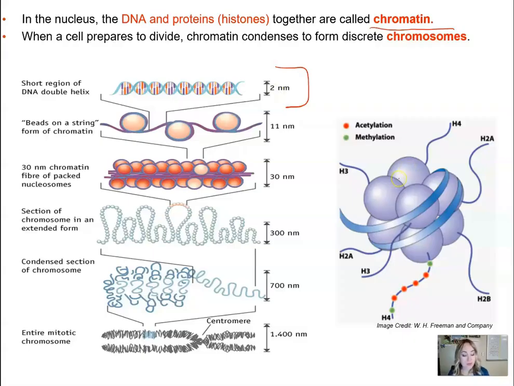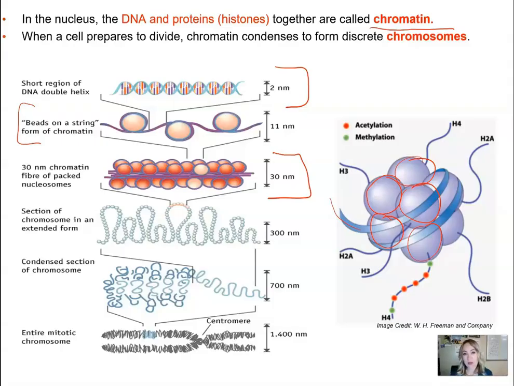And you can see there are actually 8 of them that will come together into a nucleus like so, and then the DNA is going to wrap around them. It will make what we call beads on a string. They even make that 30 nanometer thick fiber that we call chromatin. So when, like I said, when the cell is not dividing, you're going to see these stringy, spaghetti-like looking fibers within the nucleus.